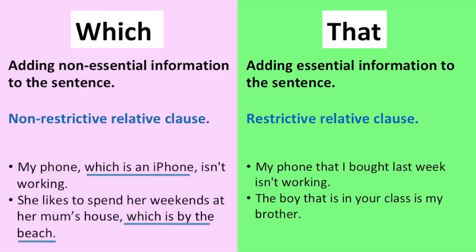In terms of punctuation, when we use the relative pronoun that, we don't insert commas. An easy way to know whether to use which or that is to remove the relative clause from the sentence and see if the sentence still makes sense.